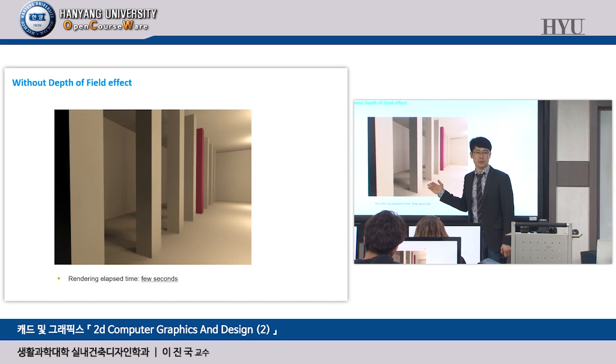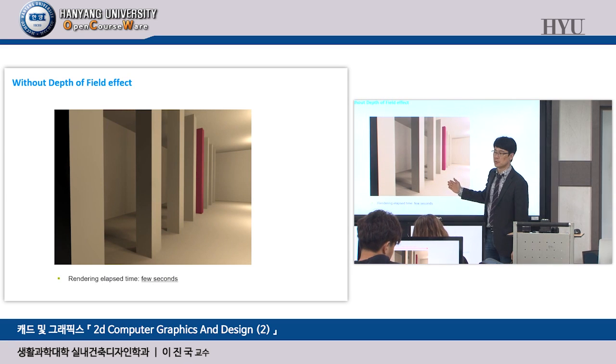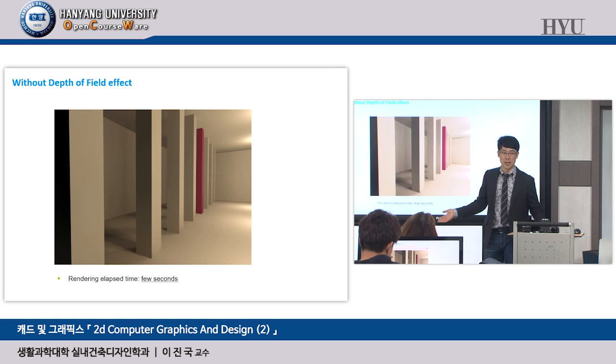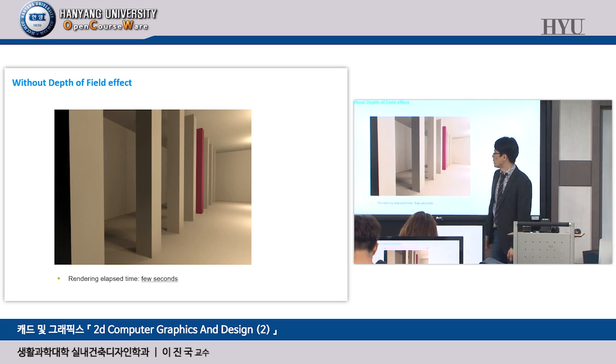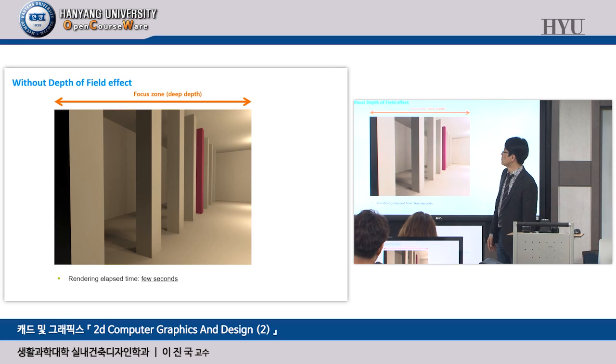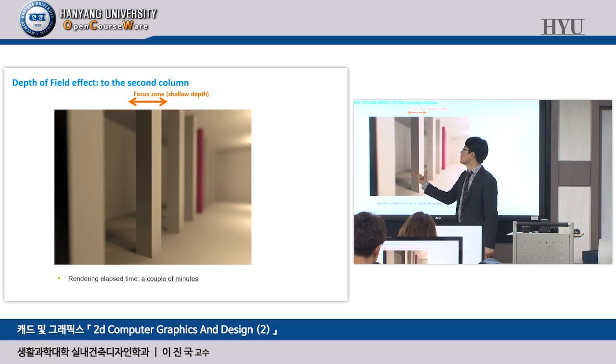How about computer renders? When you render this kind of scene, this is the default: deep depth, everything in focus. But actually, you can put in a shallow focus zone like this. If you control your camera lens for a narrow focus zone, to focus on this column, all the others are going to be out-focused like this.